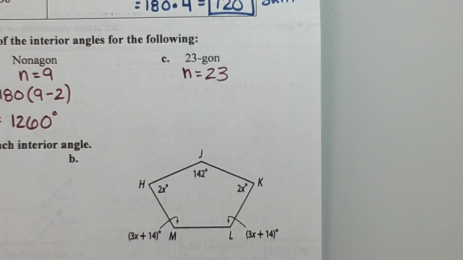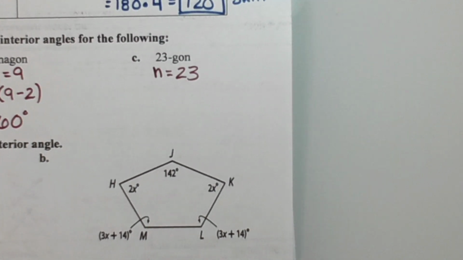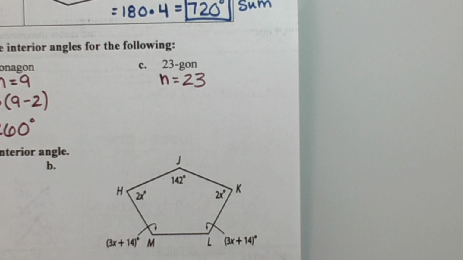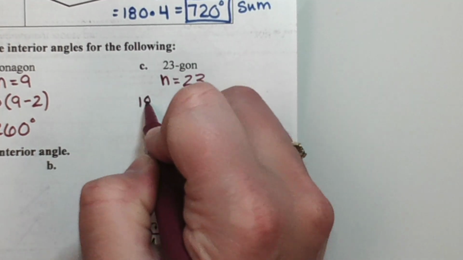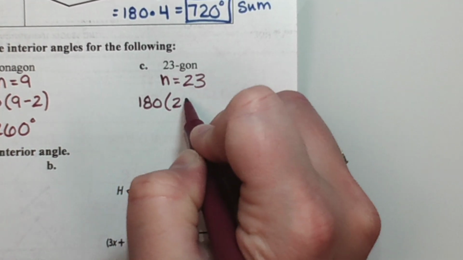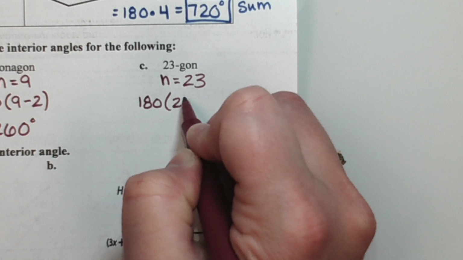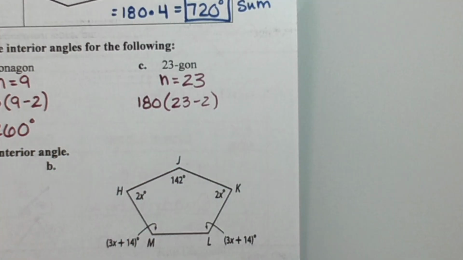Charlie, what do I do with that number? We're going to end up minusing it by 2 when we put it in the formula. So yeah, you were right in both cases. What's the formula going to look like? 180 times 23 minus 2. Not quite. I understand what you mean.